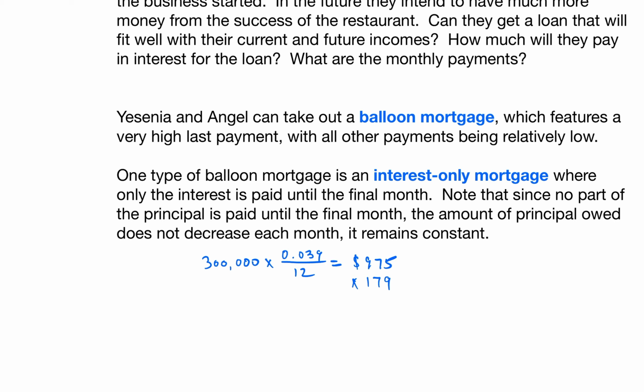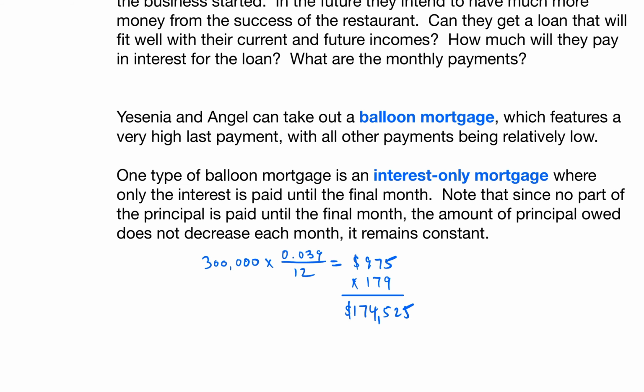And the reason it's 179 months is because the last month they're going to make the balloon payment, which is the $300,000. So we want to know how much interest they're going to be paying. So when you multiply this out, that works out to $174,525 in interest. So that's how much they're going to be paying.